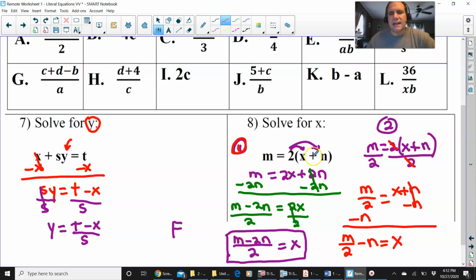Actually distribute, minus the 2n from both sides, then divide, and then at least you get to see this part right here, which is what they have as A.